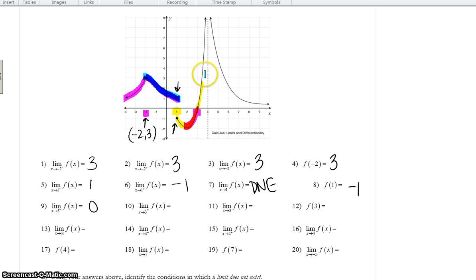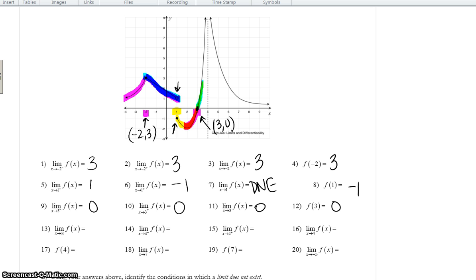And 3 from the right looks like also 0. So the limit as x approaches 3 of f of x is 0. And f of 3 is also 0. That point there is (3, 0).